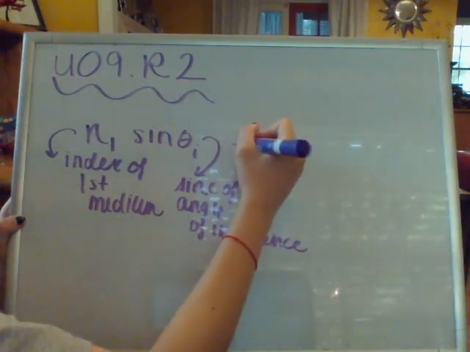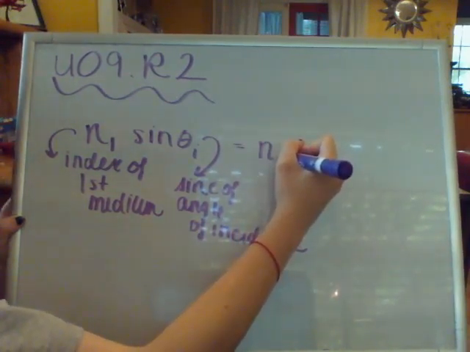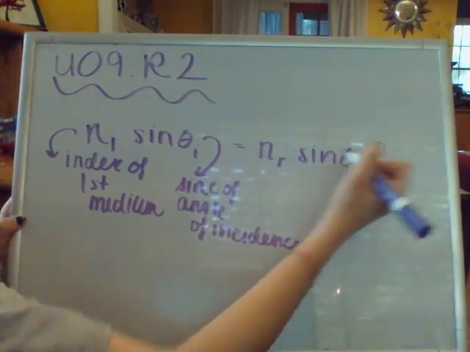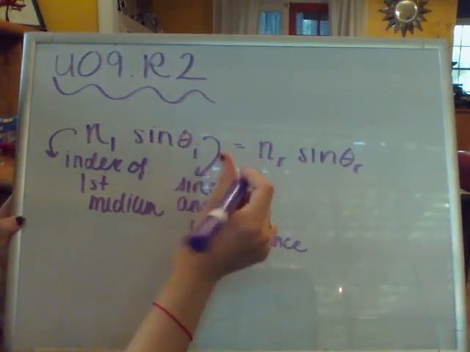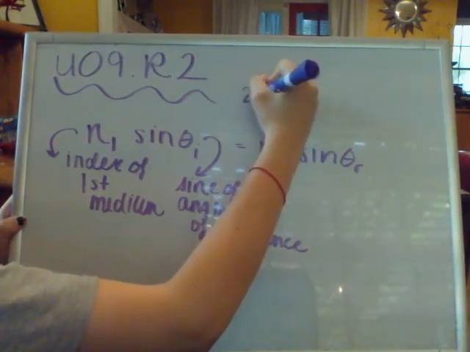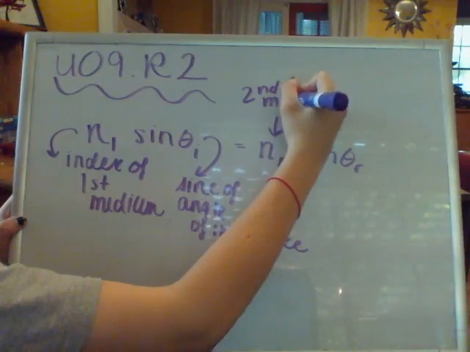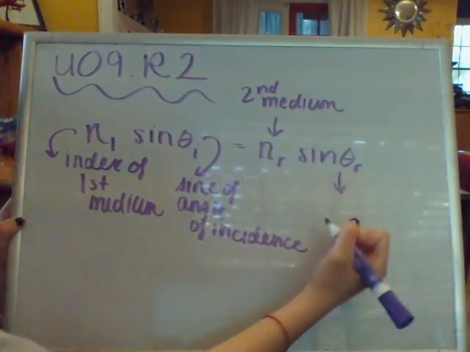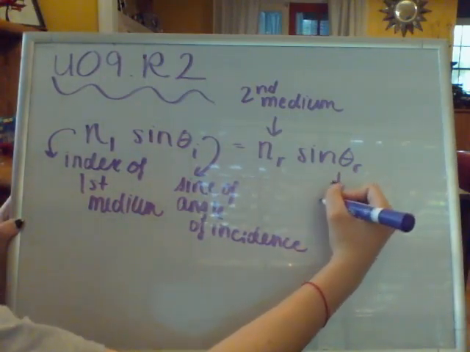And that's going to be equal to NR sine theta R. And those are going to be the index of refraction of the second medium, and the sine of the angle of refraction.